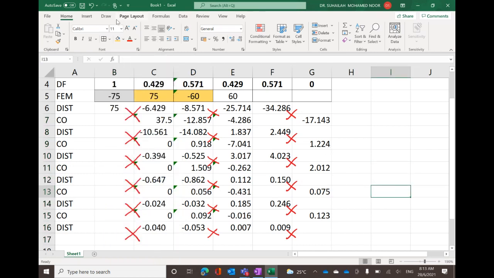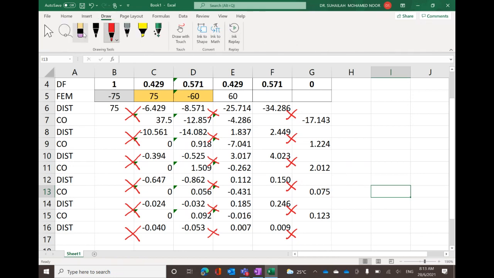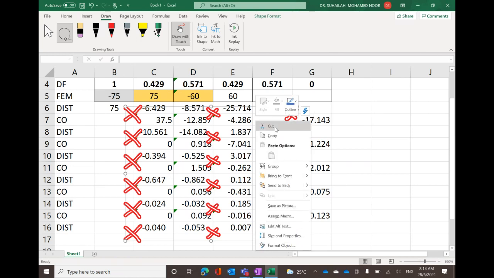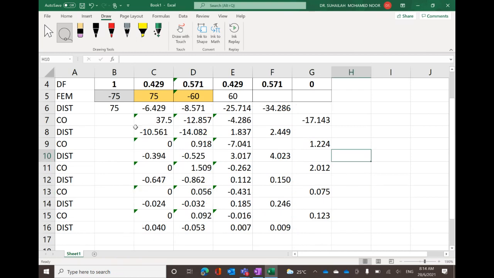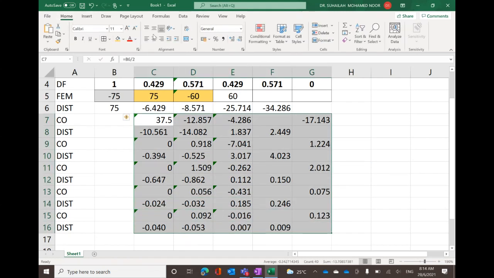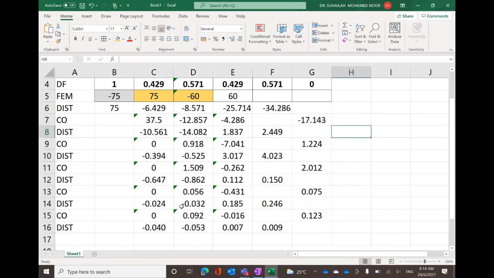Okay, this one I want to clear. So these are all the value in the table, and the last value, we must find the summation or the total.